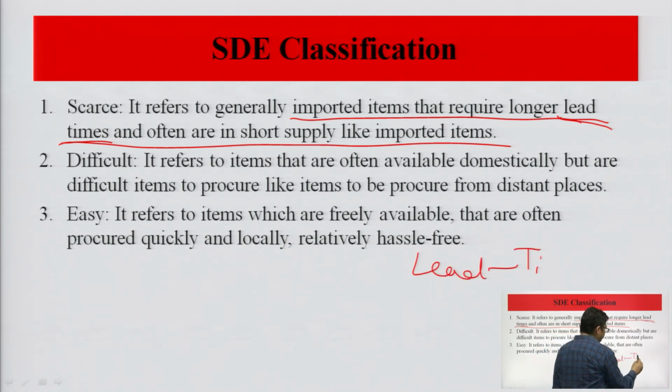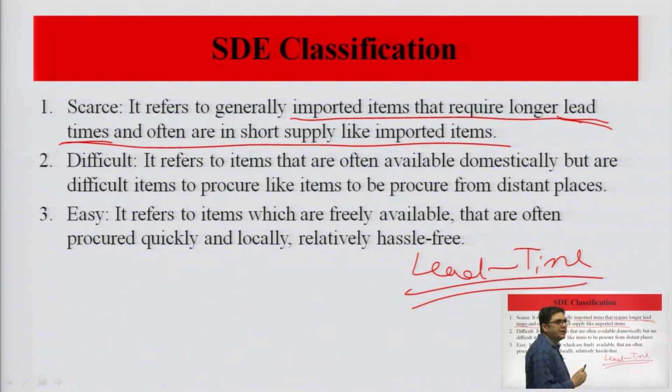Lead time. What is lead time? It is the time between when we place the order and when the items are supplied to the company. It is important. There may be more lead time for certain goods and less lead time for others.